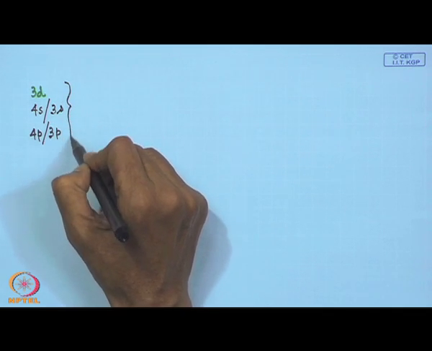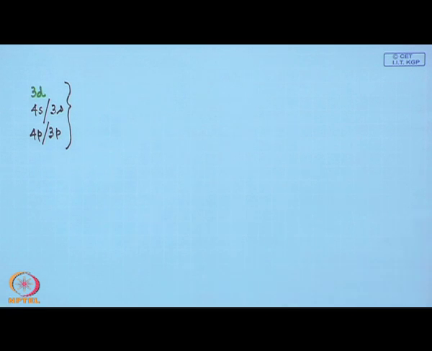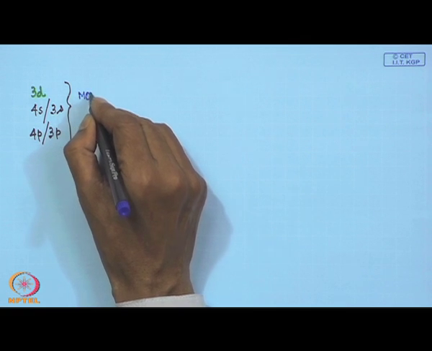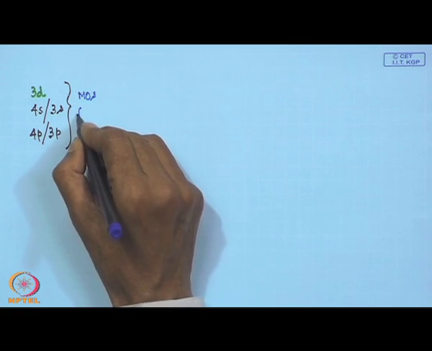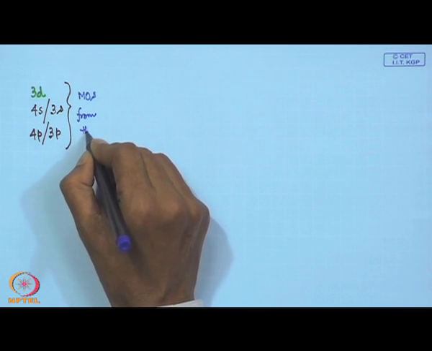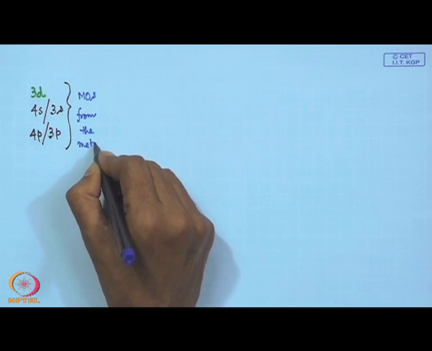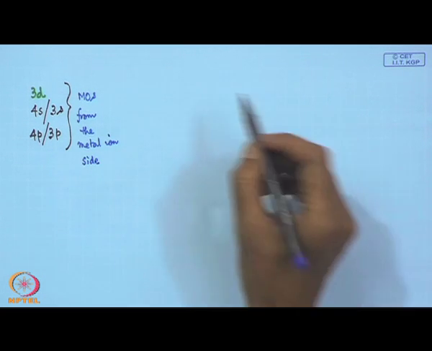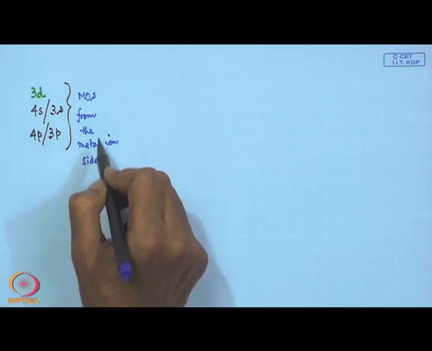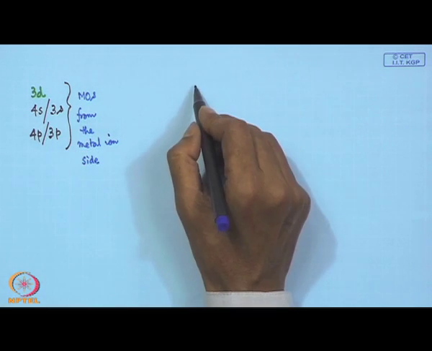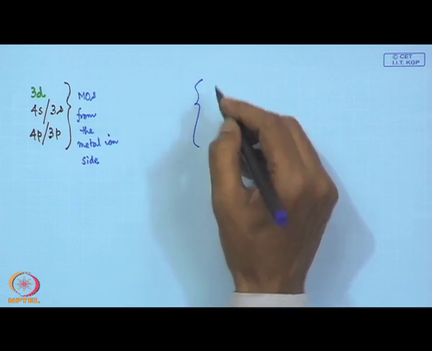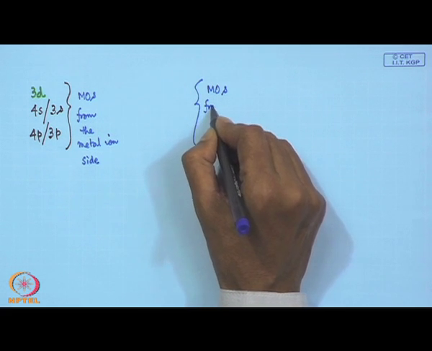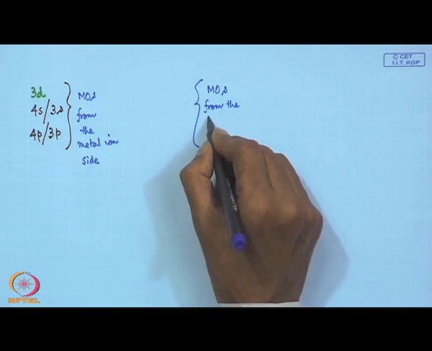So, these orbitals can give us the corresponding molecular orbitals from the metal ion side. So, these can have some level. At the same time, we should have the corresponding molecular orbitals from the ligand side.